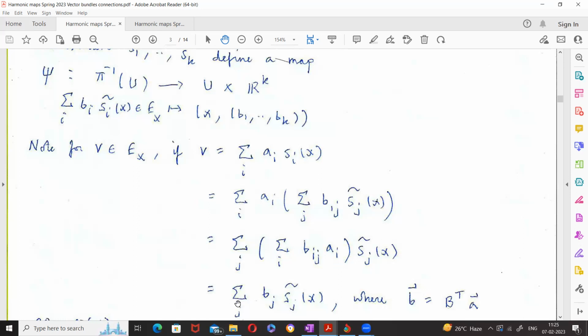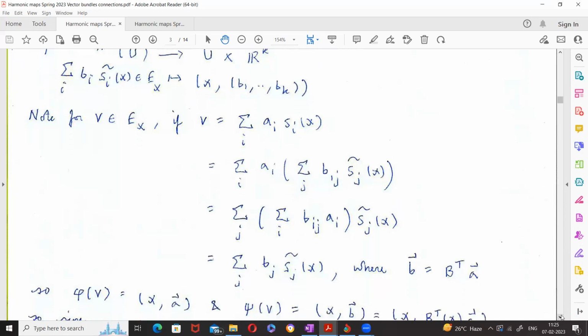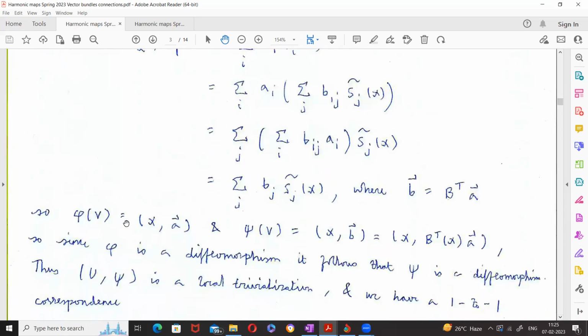So this becomes the sum over j of b_j S_j tilde(x), where the vector b is equal to this matrix B transpose times the vector a. Yeah. So that means that if my original trivialization was phi, then if phi of v was (x, a), then psi of v is going to be (x, b), which is (x, B transpose(x) a). Yeah. So since phi is a diffeomorphism, it follows that psi is also a diffeomorphism, right?